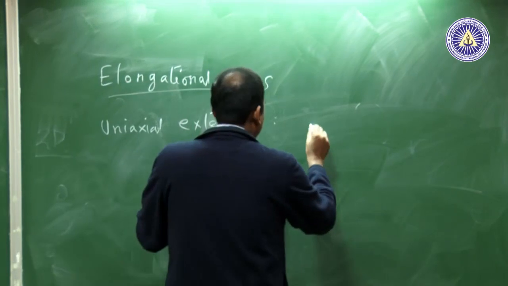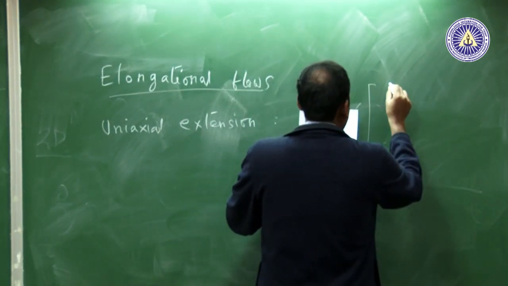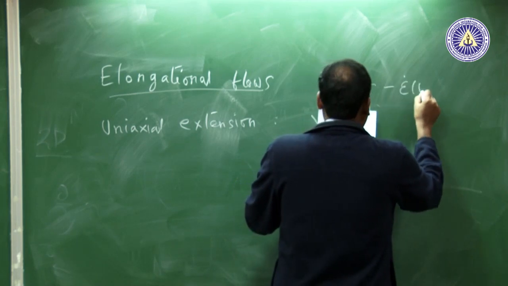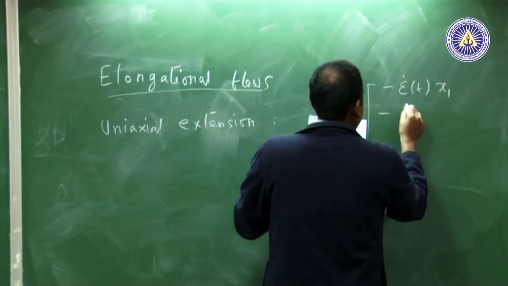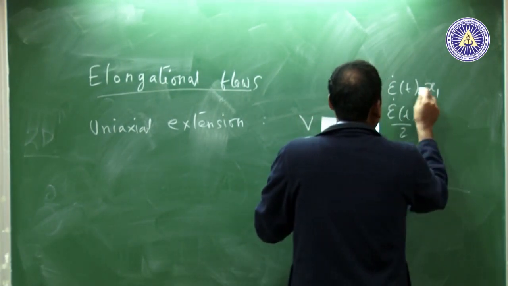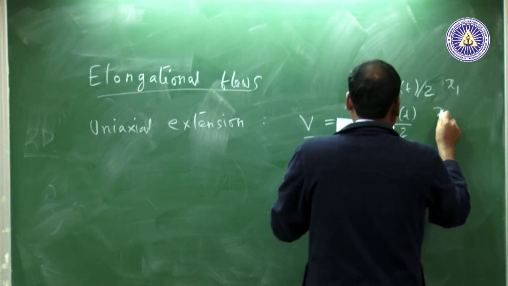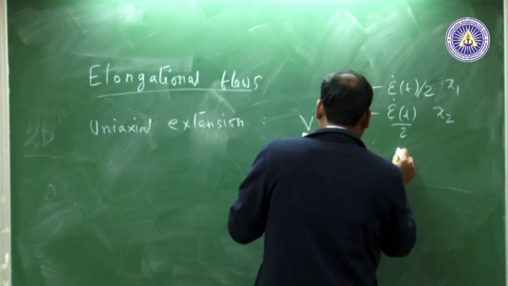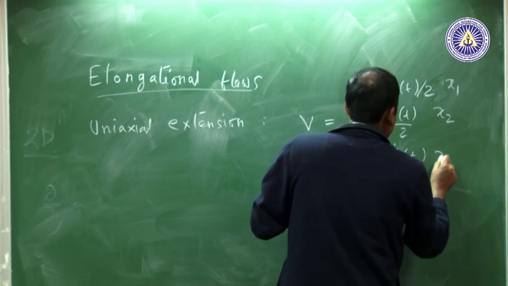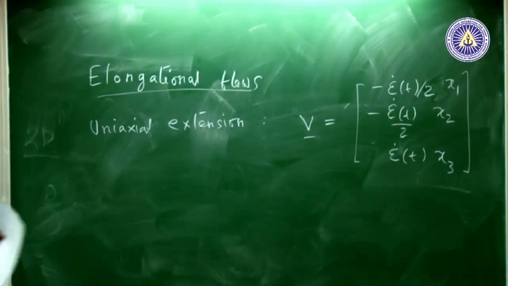And the velocity profile for when you have a uniaxial extensional flow, as you would see from the velocity profile.